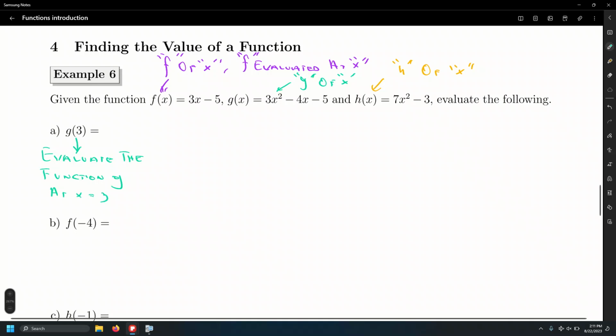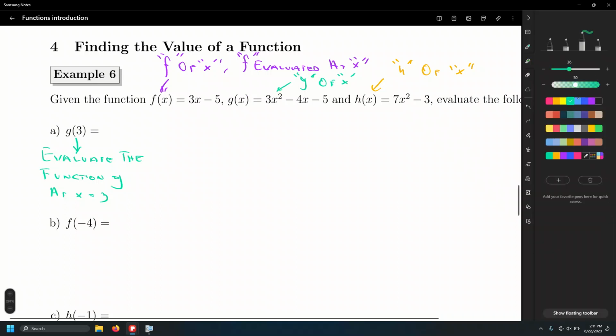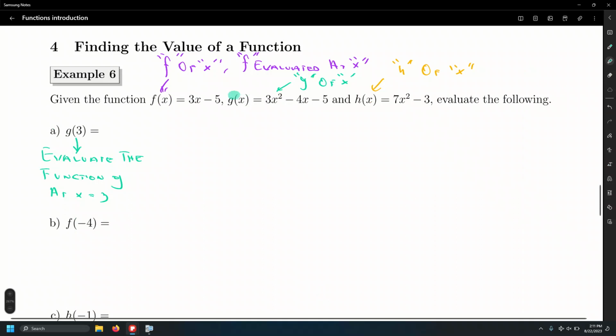Let me highlight the function g. By the way, I use the same color to color code so you can see what I'm inputting and where. All right, let me highlight this g function with green.